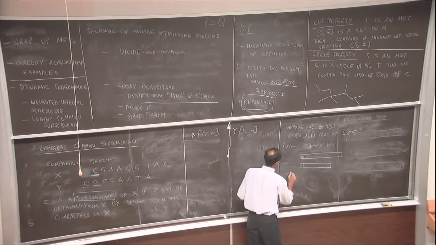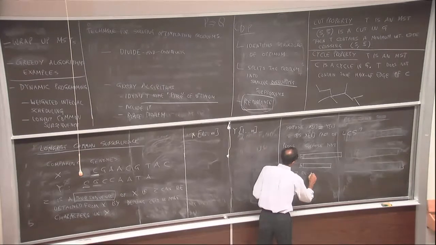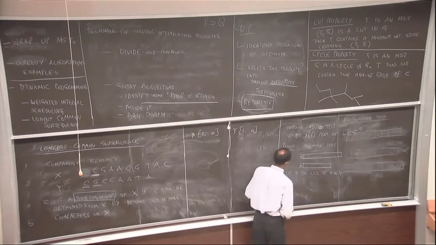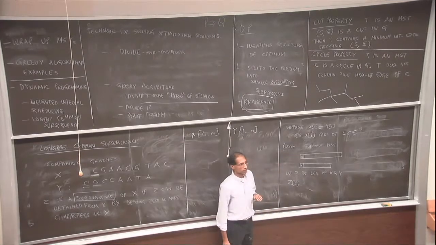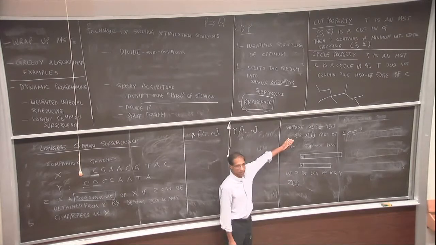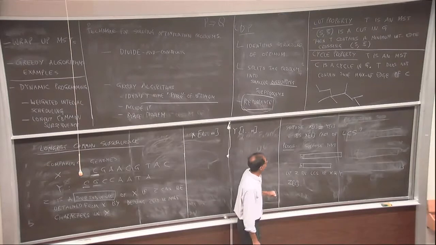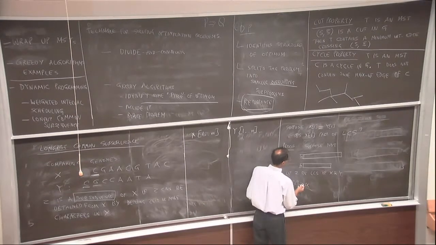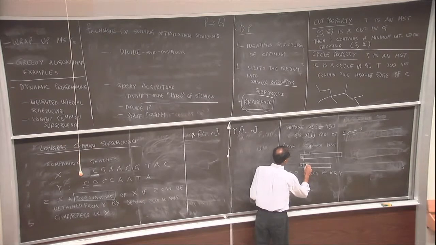Let z be the longest common subsequence of x and y. So what can you say about z1? It's not equal to alpha. Because if it was equal to alpha, then we are already done. So if it's not equal to alpha, that means it has to be equal to beta, which has to be lying on this side, somewhere here, and somewhere here.